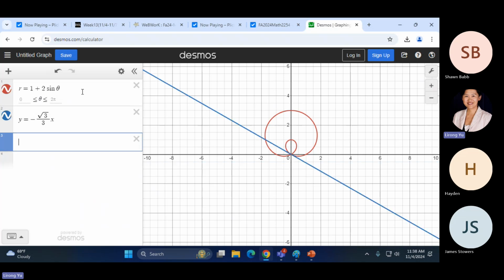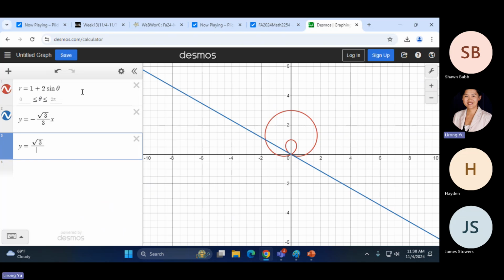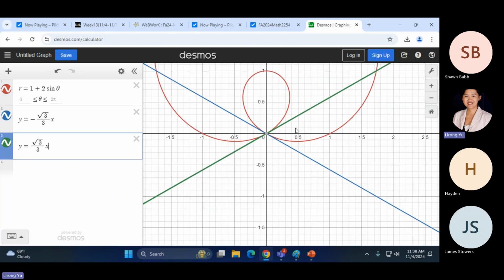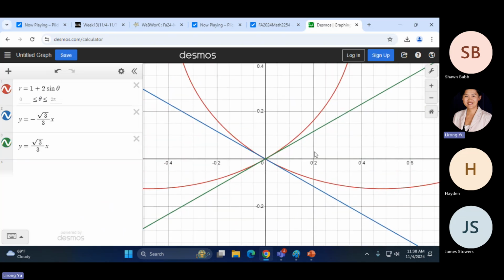So that's that tangent line. The other one, by symmetry, is y equals positive square root 3 over 3 times x. We can zoom in to see if it's truly tangent, right? You can see the tangent line and the angle is negative 5 pi over 6.